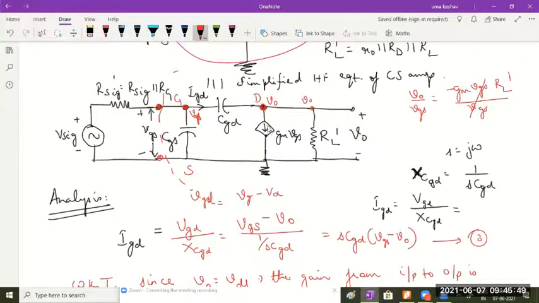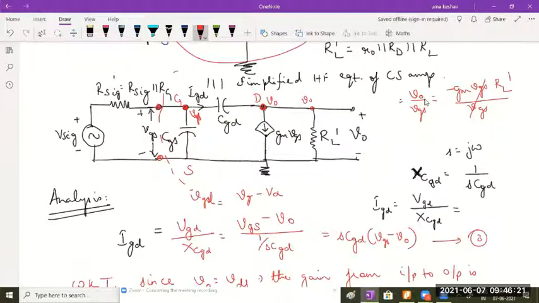You will clearly get the voltage drop across this as minus GM VGS into RL dash. We have written it many times already. That divided by VGS will give me the gain from the input to the output side. I haven't considered the complete gain. I just want to consider the gain here, and we have obtained this value. This is nothing but minus GM into RL dash, which is almost the same as the midband gain.